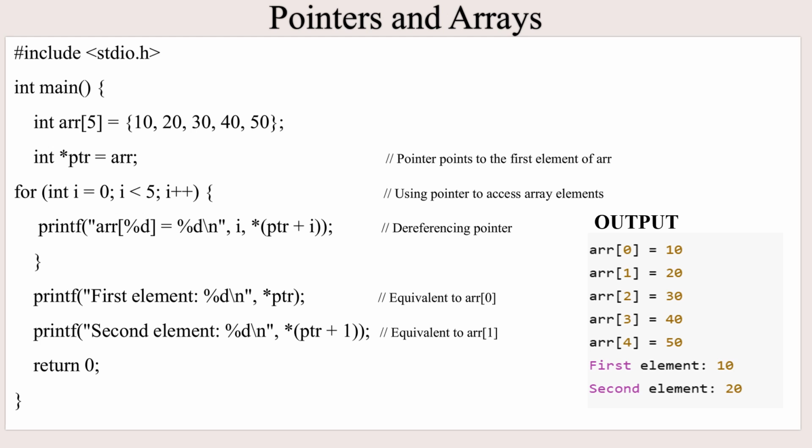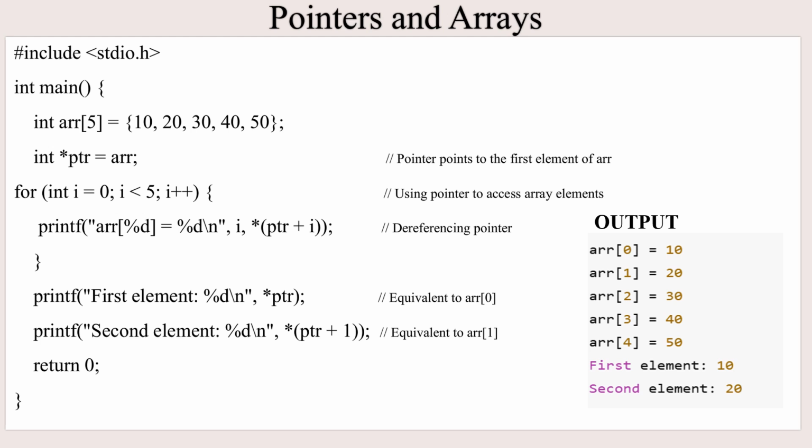This creates an array named arr with 5 elements. Declaring a pointer, int *ptr = arr. Here ptr is a pointer to an integer and it is assigned the address of the first element of the array.